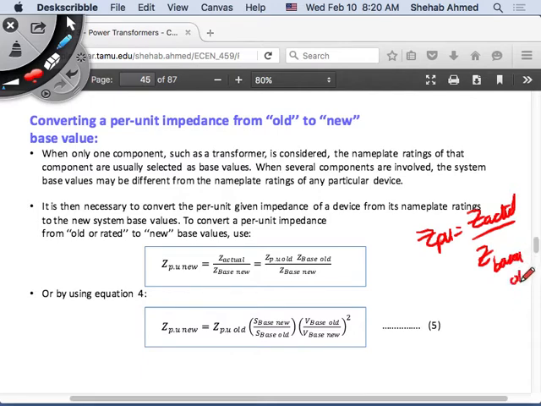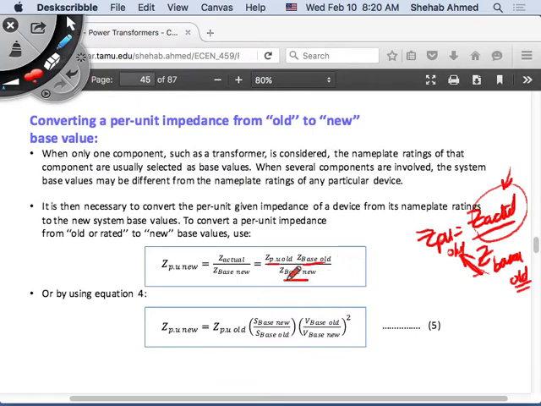This Z base was old. So Z base old multiplied by Z per unit old is what? The actual value. These two multiplied by each other is basically the actual value.